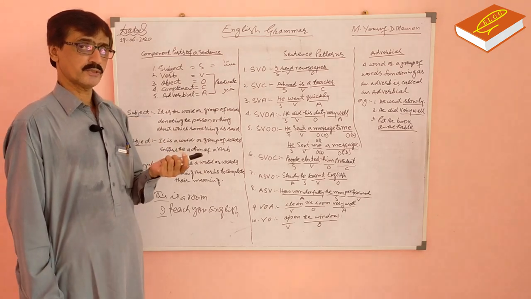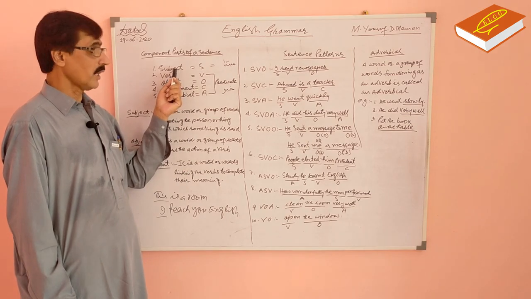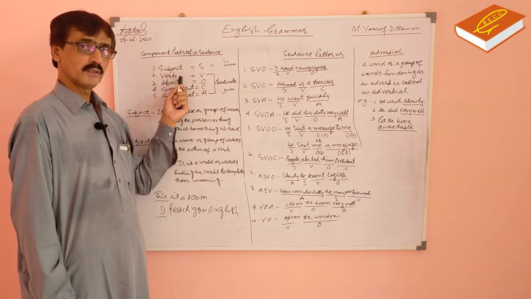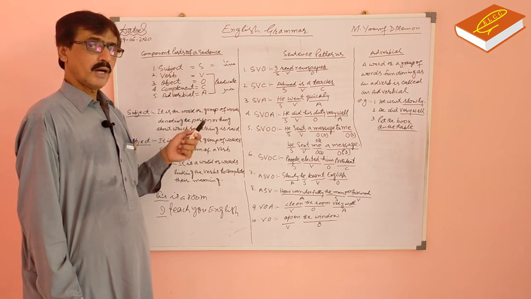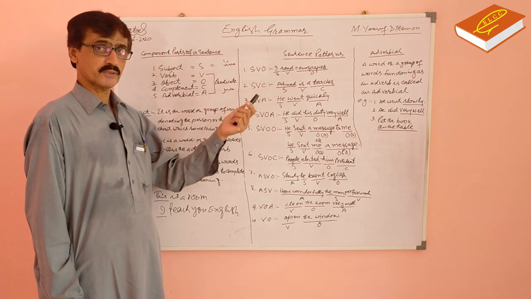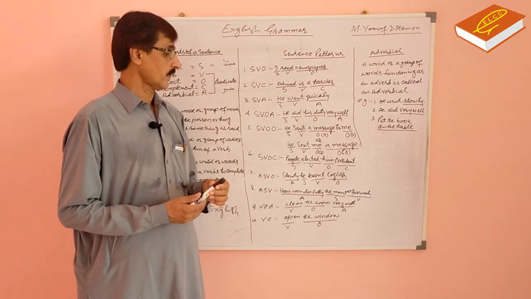In the next lectures, inshallah, we will work on every component of the sentence. But today, I want to teach you only the patterns of the sentence, meaning how to write a sentence correctly.